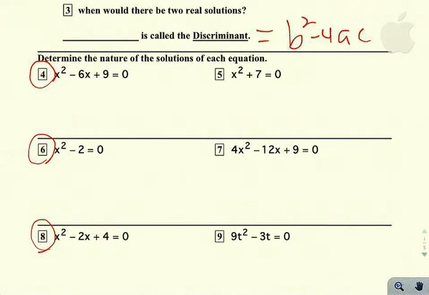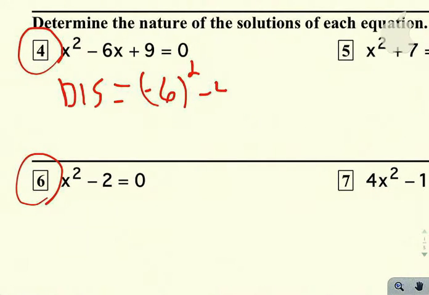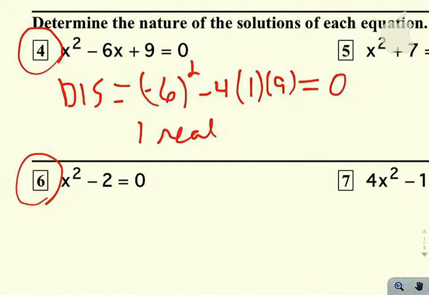2 non-real solutions. Well, number 4, the discriminant would be negative 6 squared minus 4 times 1 times 9, which would equal 0. So we would have 1 real solution.